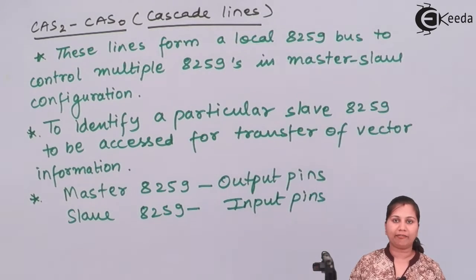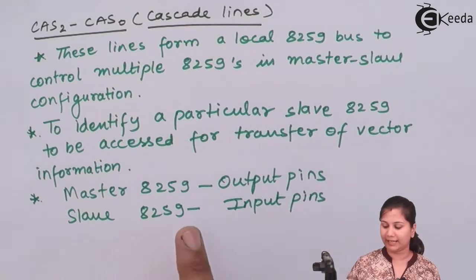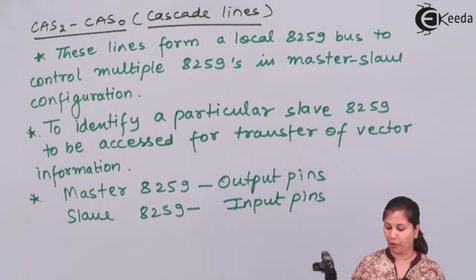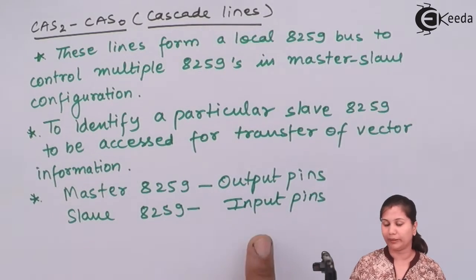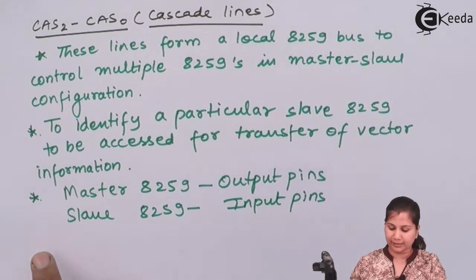So accordingly their function is changed. When we are using multiple 8259s, for the master 8259 IC these lines will act as the output pins, whereas for the slave 8259 IC these pins are going to act as the input pins.